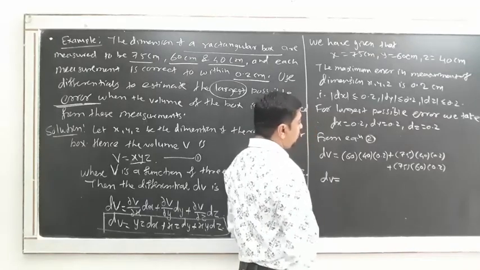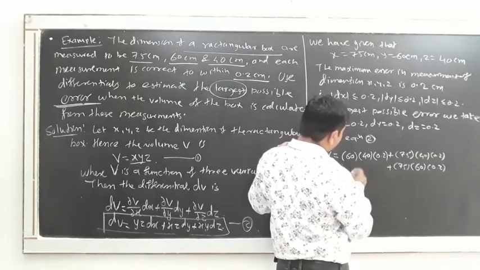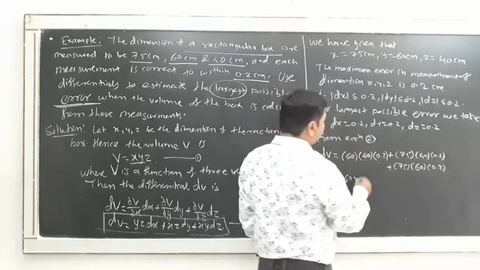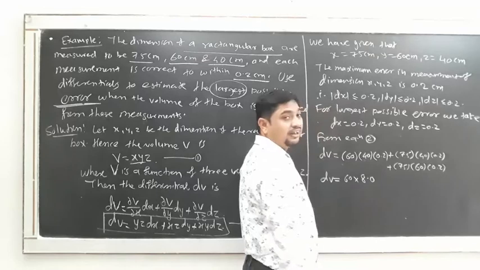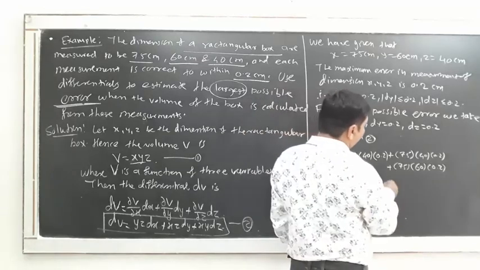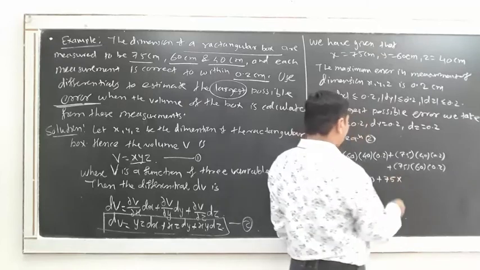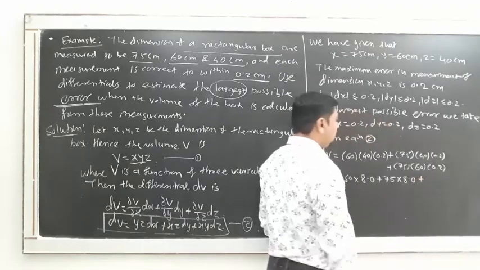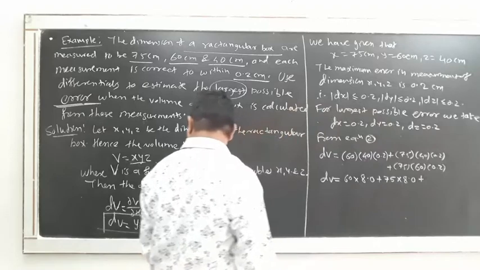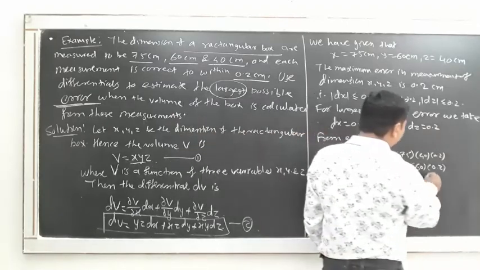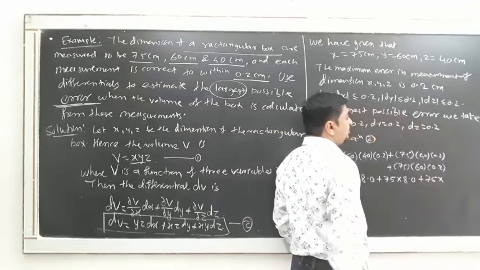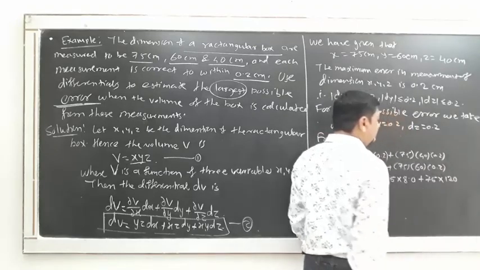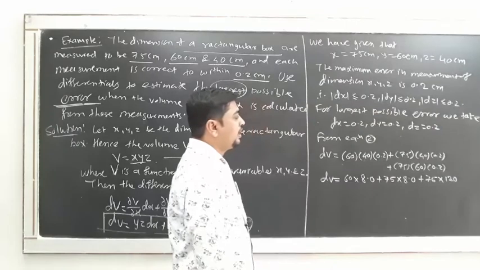dV is equal to 60 as it is, 40 into 0.2 is 8.0, plus 75 as it is, 40 into 0.2, again 8.0, plus 75 as it is, 60 into 0.2 is 12.